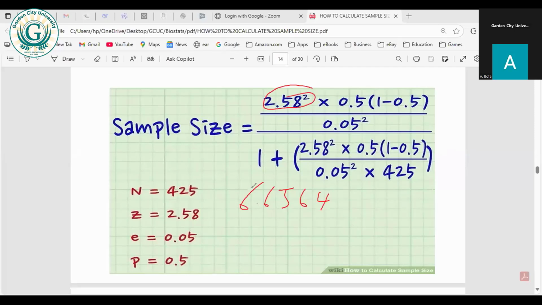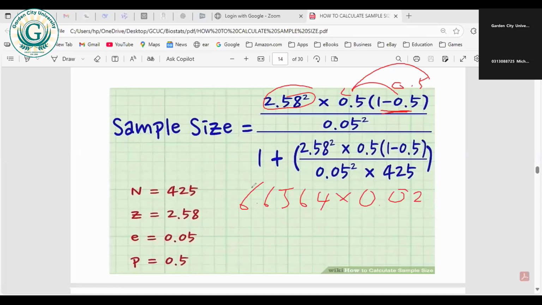Now you have to remember BODMAS. You need to do the subtraction first, then multiply by 0.5. So 1 minus 0.5 is what? Please listen, this time I'm not going to write it. 0.5, good. Now we multiply this 0.5 by 0.5, and that will give us what? 0.25.